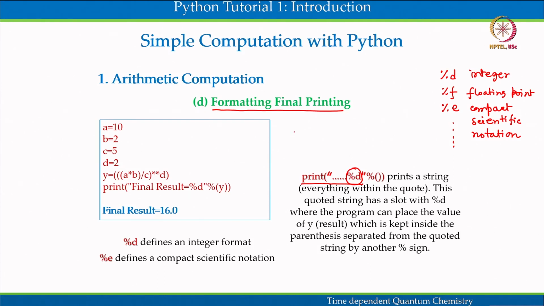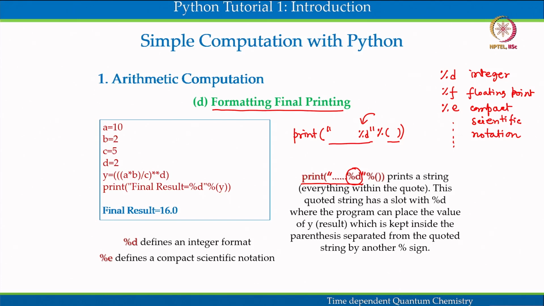So the basic idea is that within print I will have a quoted string with a slot somewhere indicating a certain integer or floating point value, and that value will be inserted by the value given in this bracket, and the string and the value will be separated by another % sign. So that's the formatted output.